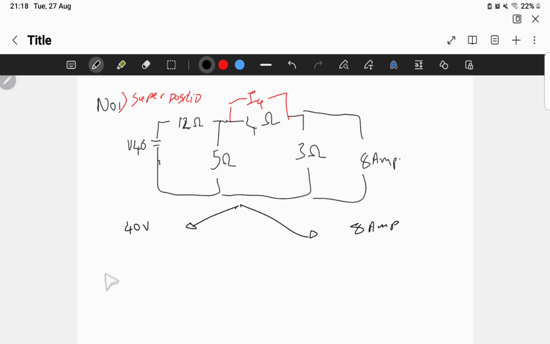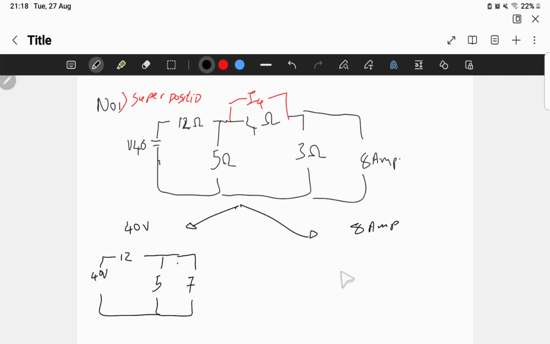So we have our 40 volts, then we have our 12, and then we have our 5, and connected to that is our 7, right?